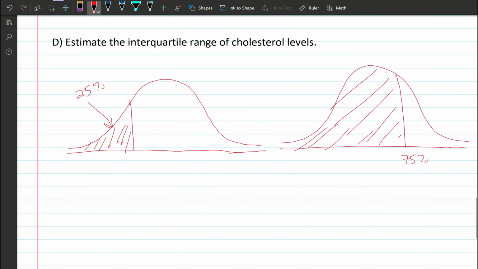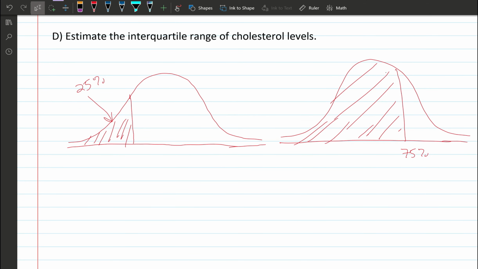So the first thing we need to do is use some technology, and we're going to find the area which is 0.25, and the area which is 0.75. In finding the z-scores for those areas, that'll help us on our route to solve this problem. Let's take a look.